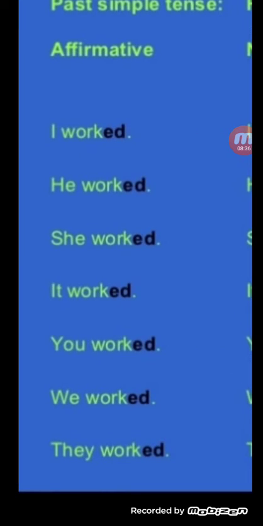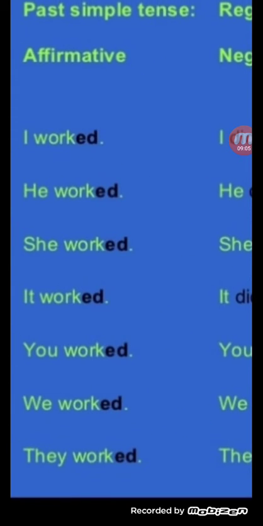With all the subjects, whether they are he, she, it, or I, we, they, you, we apply the verb's second form. While making the negatives, we use the helping verb did in order to apply the word not here. To apply not, we need did, which is the helping verb of the past simple tense. With it you have observed that we have applied the first form of the verb. Here the second form was worked, and here you can see I did not work. That is a difference. What has caused the difference? The application of the word did.